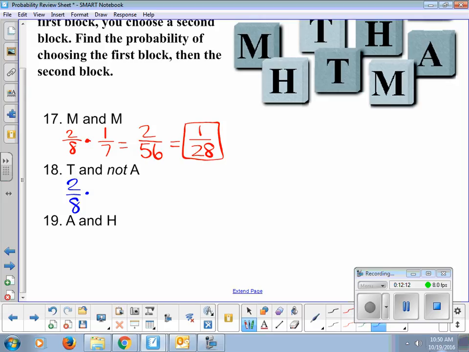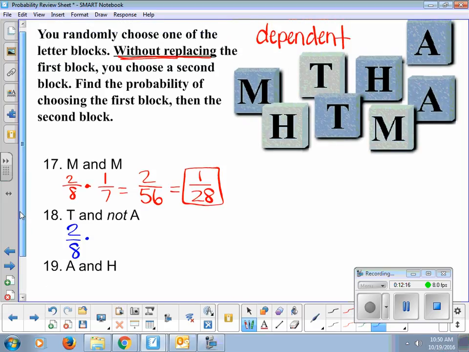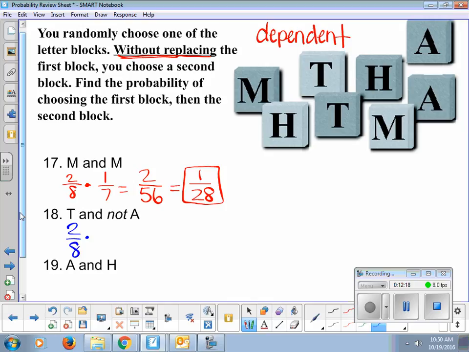If I cross out a T, how many tiles do we have left to choose from? 7. Out of those 7, how many are not A? 5 of them. And multiply. 2 times 5 is 10. 8 times 7. And this simplifies to 5/28.